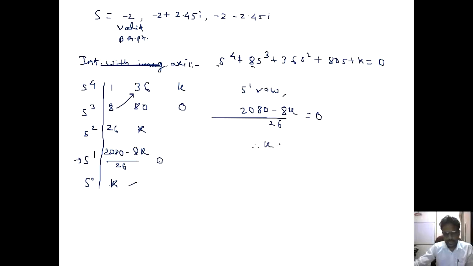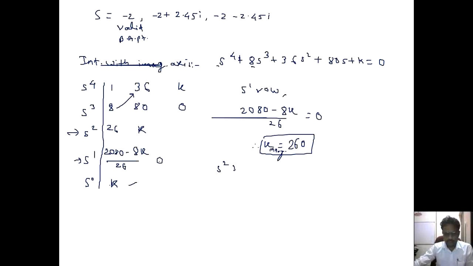So simply k equals 2080 by 8, which gives 260. This is the marginal value of k. And from the s raised to 2 row we will get the auxiliary equation.